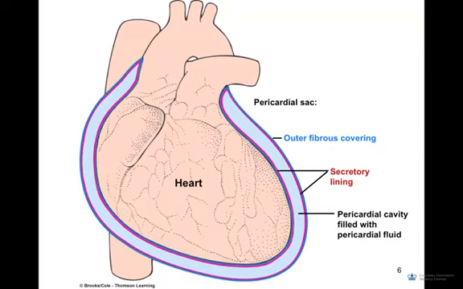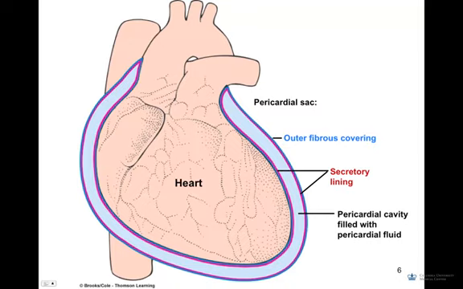And so we see two sets of serous membranes associated with the heart. Together we call these serous membranes the pericardial sac. The membrane that is against the heart tissue, the one that directly lies against the heart, we call the epicardium.